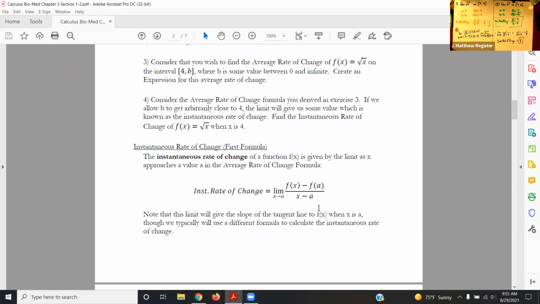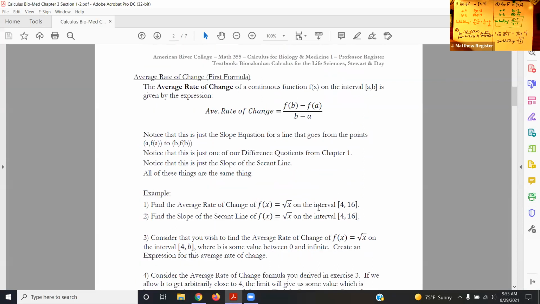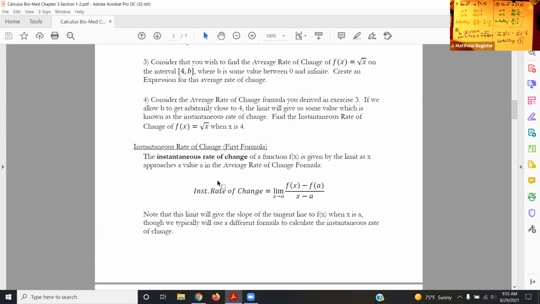Ideally, we would want to figure out a formula which would tell us the instantaneous rate of change at every single point and give us a formula for the slope at every single point. This formula just doesn't quite do it. And so that's why while this formula is great for finding the average rate of change, it's not great for finding the instantaneous rate of change.